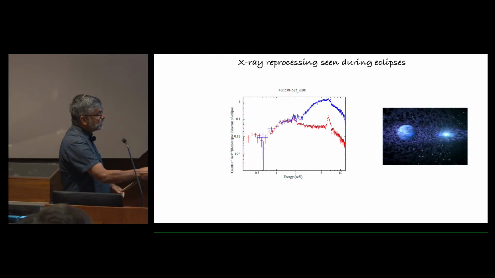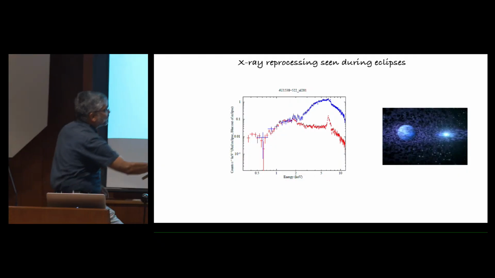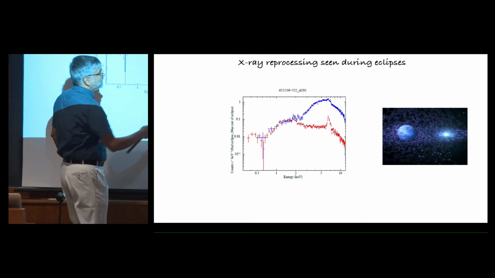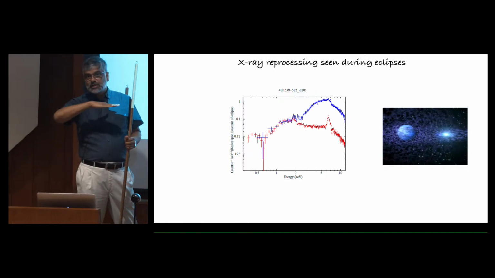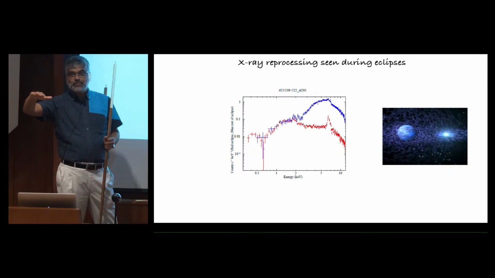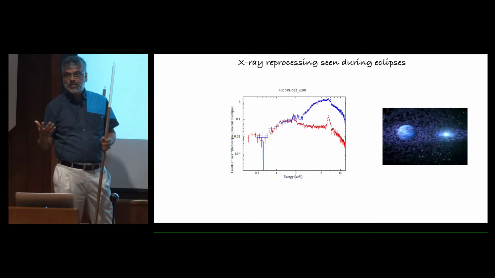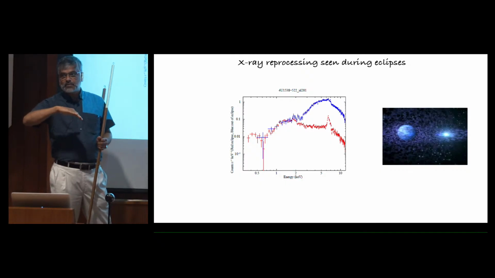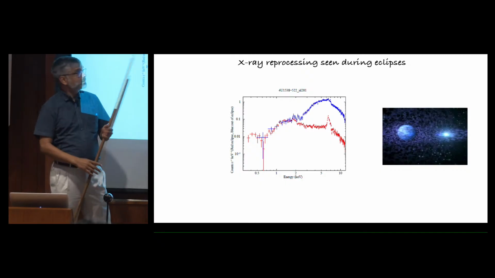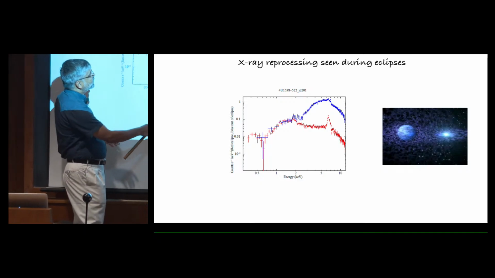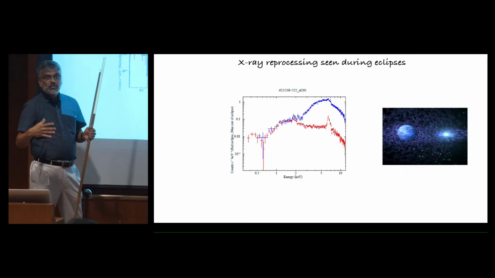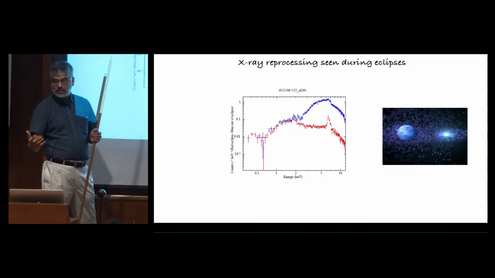You have an X-ray binary, there is a compact star, a black hole or a neutron star going around the companion. Now, if the observer happens to be near the orbital plane, then every orbit will have an eclipse, right. If you compare the X-ray spectrum during eclipse and out of eclipse, this is the spectrum out of eclipse when the emission is dominated by what is coming from the compact star.